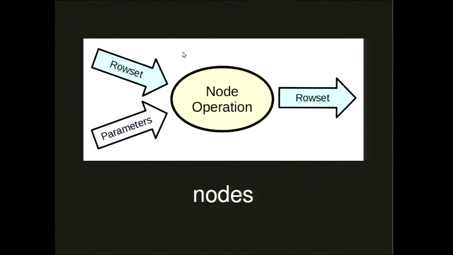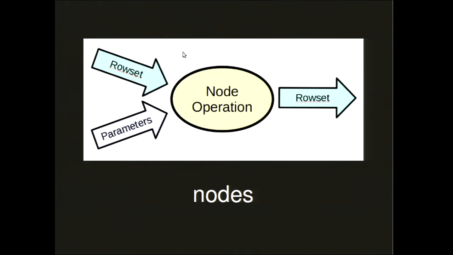Now, to understand what I mean by node: with a query planner node in theory, and with a query executor node in reality, you have this node operation, and two things go into it. One or more row sets coming from some other step of the query or from storage, and some parameters.